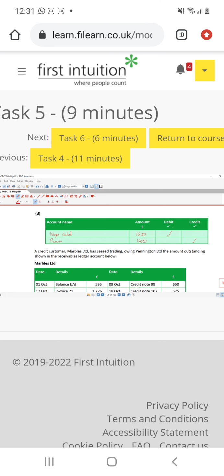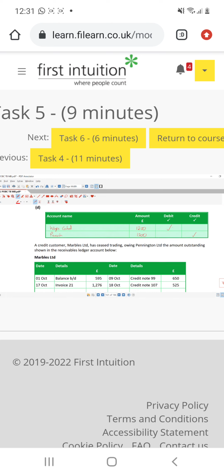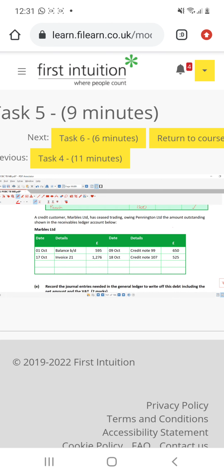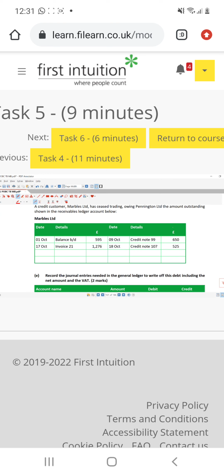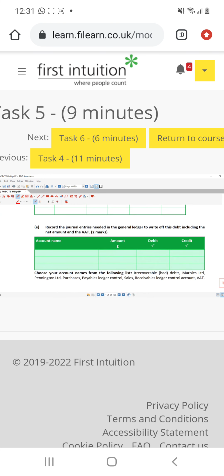Now, what we are told next is that a credit customer, Marbles Limited, has ceased trading, owing Pennington the amount outstanding shown in the receivables ledger. What they want us to do is record the journal entries needed in the general ledger to write off this debt, including the net amount and the VAT.